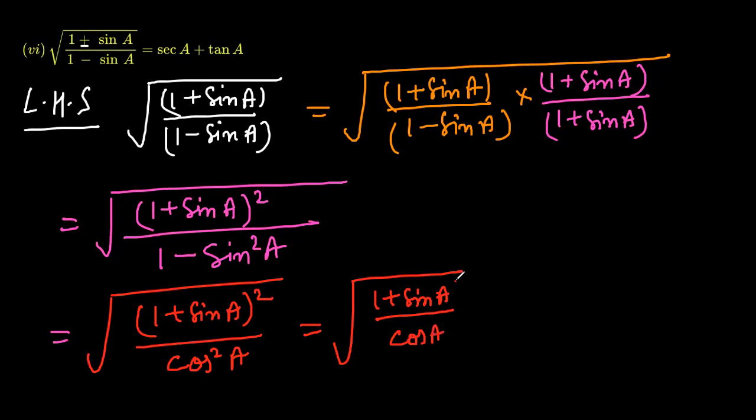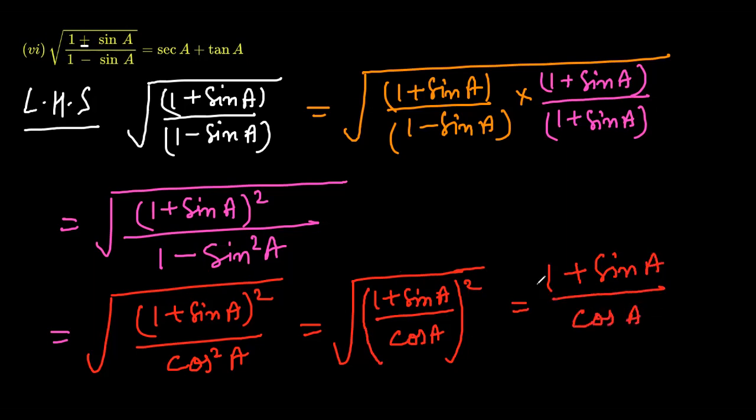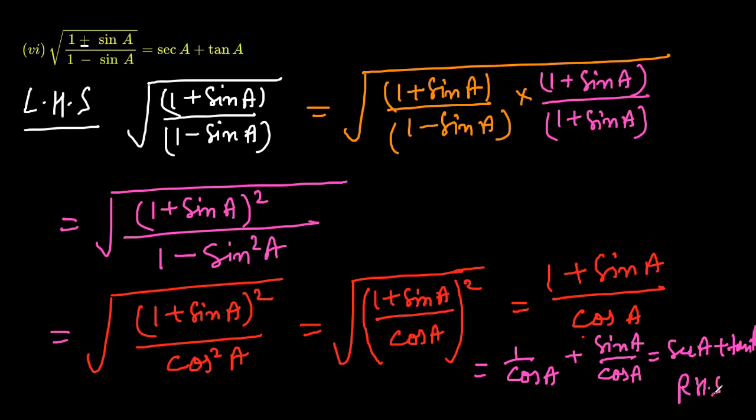That means this can be written as the whole square of under root of 1 plus sine A by cos A. Now this square and square root gets cancelled, and we get 1 plus sine A divided by cos A, which is the same as, now we can split it, 1 by cos A plus sine A by cos A. And 1 by cos A is sec A, and sine A by cos A is tan A. That is sec A plus tan A. And we are done. This is equal to right hand side.